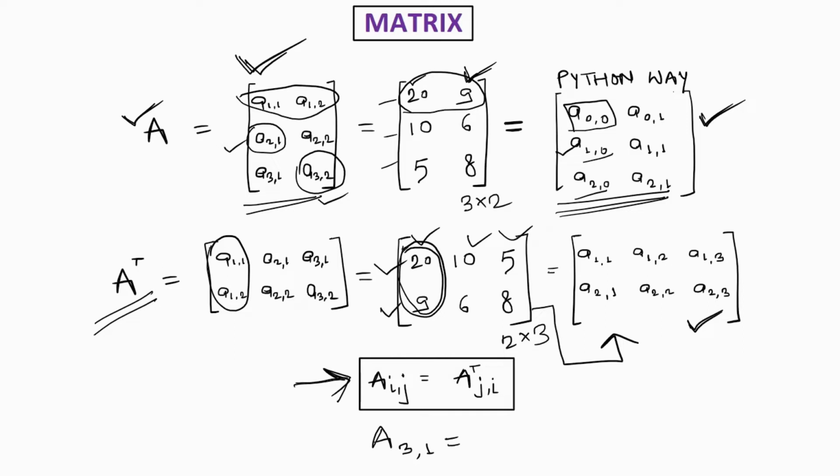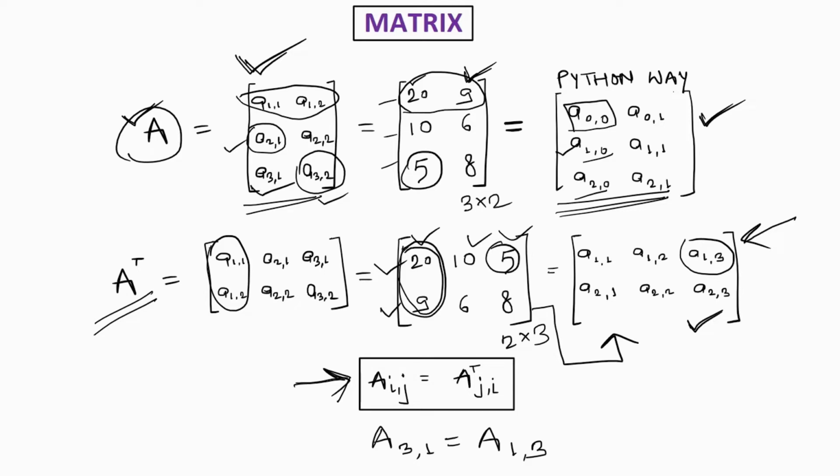It will change its position to first row and third column after taking the transpose. So for example, in the original matrix A, we have 5 at the third row and first column. However, after taking the transpose, 5 changes its position to first row and third column, as you can see right here. Okay, that's pretty much all for the theory part.